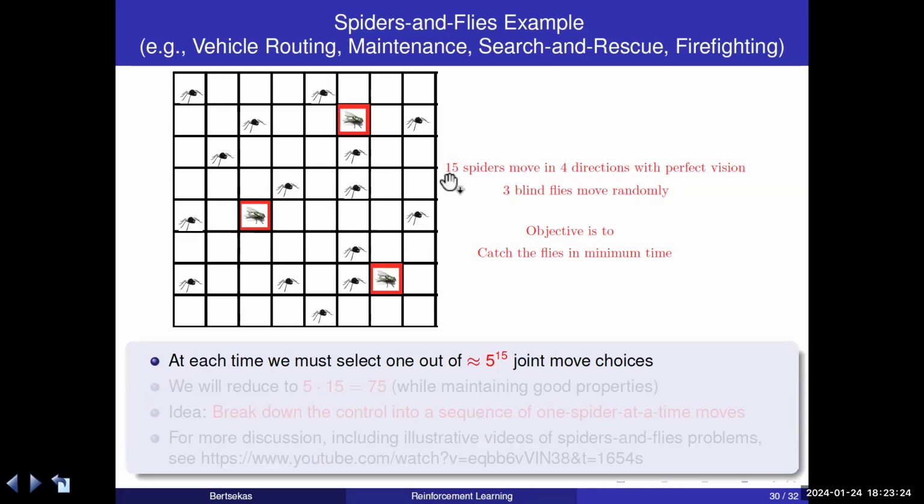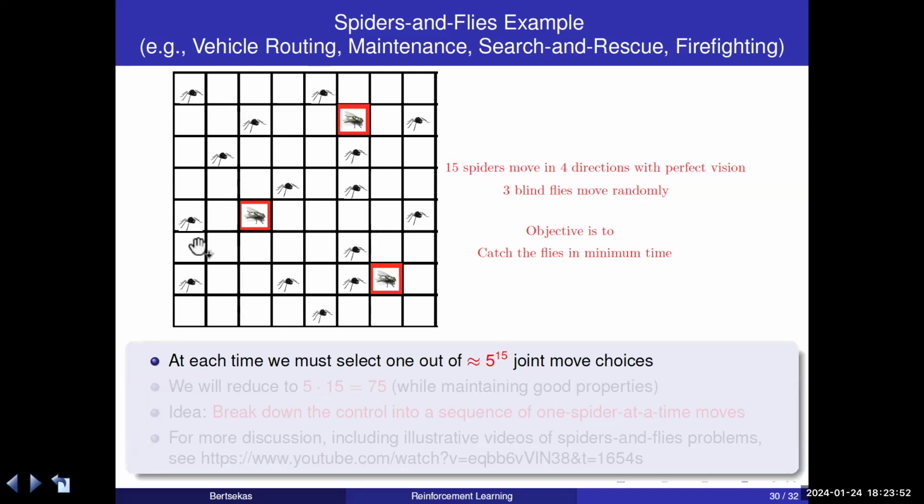Here we have 15 spiders moving in the 4 directions within a grid, or they may stay where they are at any given time step. And there are 3 flies, and the spiders are trying to catch the flies. And the spiders have perfect vision and share perfect information.